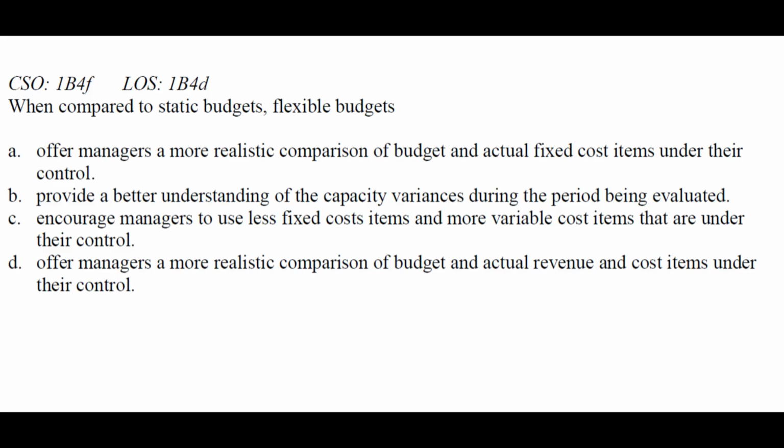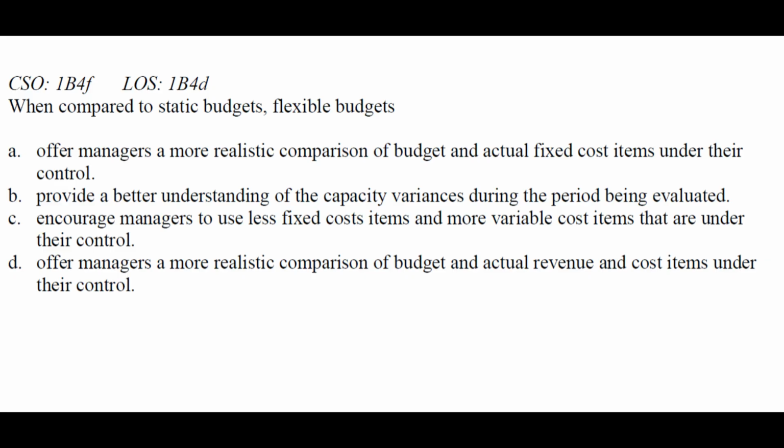Correct. A flexible budget recalculates expected revenues and variable costs based on the actual activity level, allowing managers to compare actual performance with a realistic benchmark. This removes distortions caused by differences between planned and actual production or sales volumes and provides a more meaningful evaluation of managerial performance.